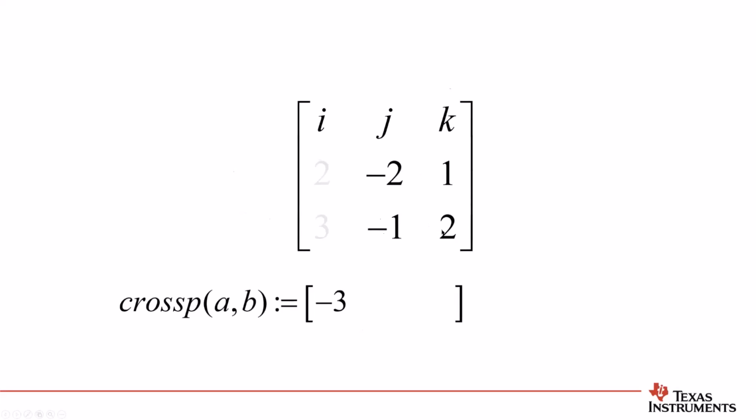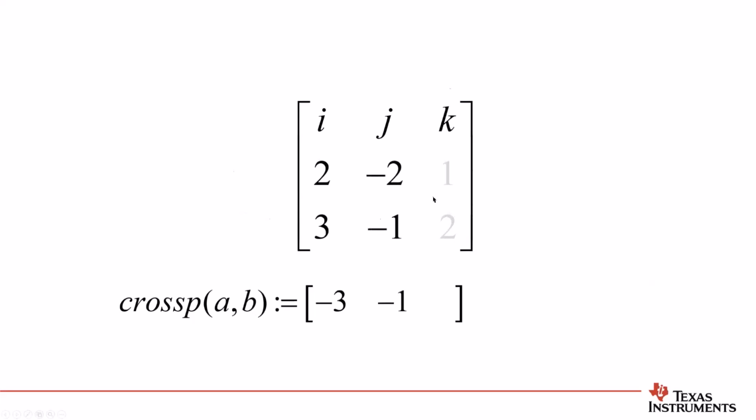So -2 by 2 is -4, minus 1 is +1, so -3, there's our first term. Then we subtract the next term, so we cover up the J direction and work out the determinant of this, which is 2 by 2 is 4, minus 3 is 1. We subtract that to get -1. And then, of course, we can figure out what the last one is.